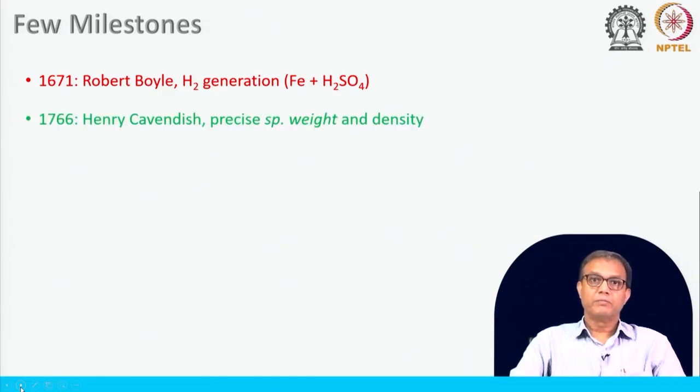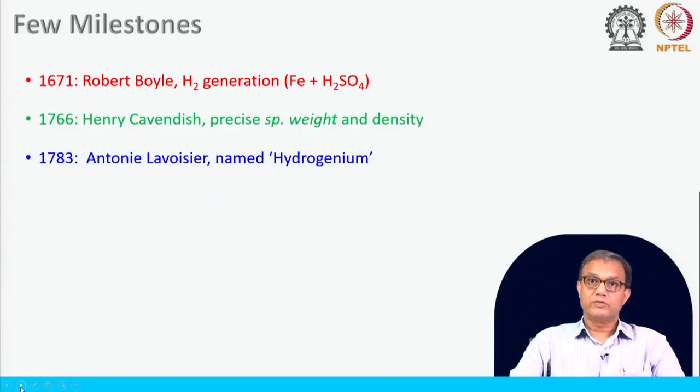Later on, Henry Cavendish precisely measured its density and specific weight, and subsequently Lavoisier named it hydrogenium, because a mixture of hydrogen and oxygen produces water, and from there this symbol H finally arrived.